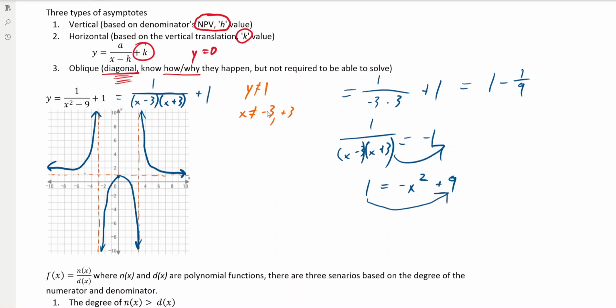Then if we take the 1 and move it over, it's minus 1. Actually, let's move the 9 over, which is minus 9, so then we have negative 8 equals negative x squared. The negatives cancel, so x squared equals 8.